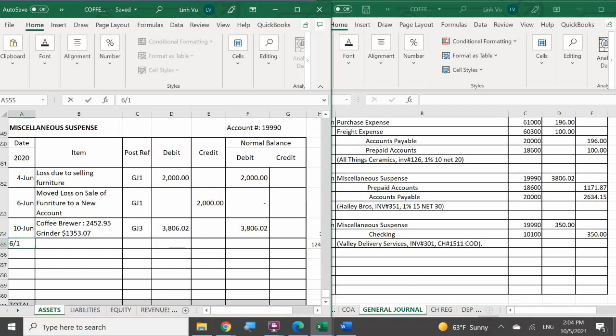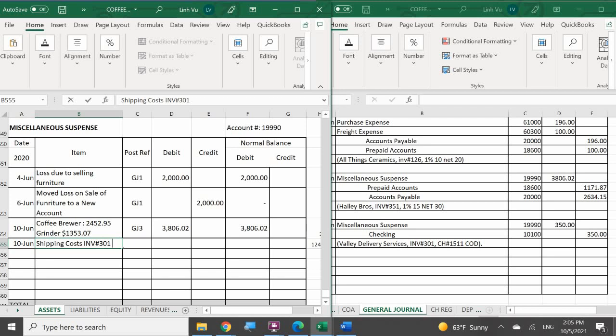So January, to June 10. We have invoice 301, paid with check 1511, for shipping cost. In this case, it was $350 for the shipping cost.